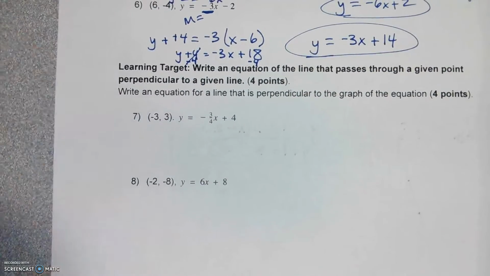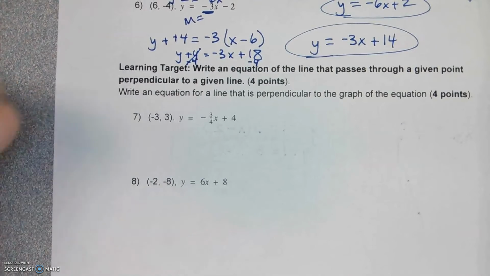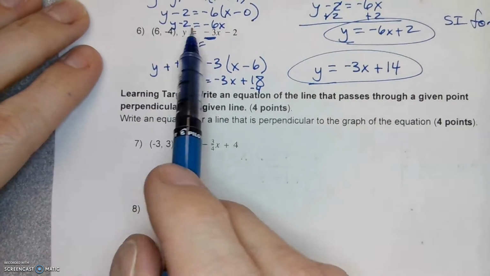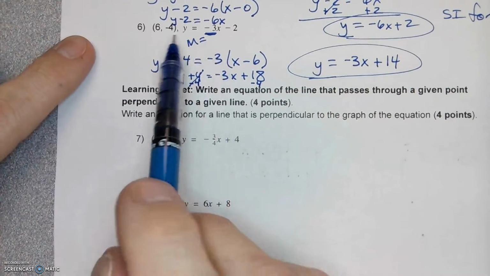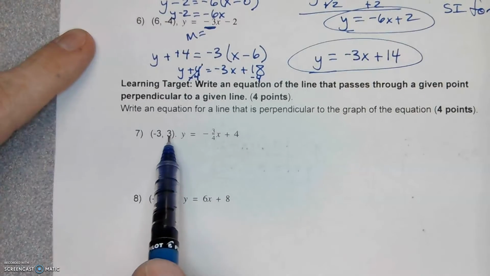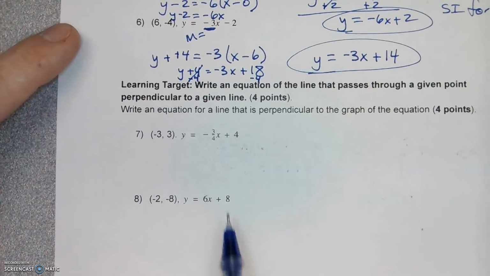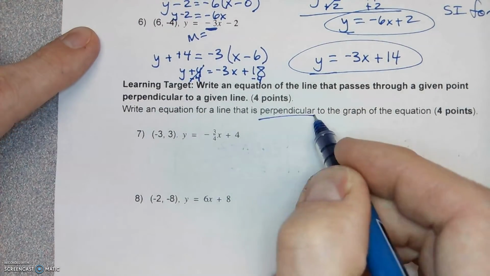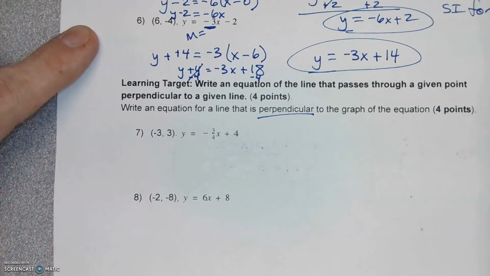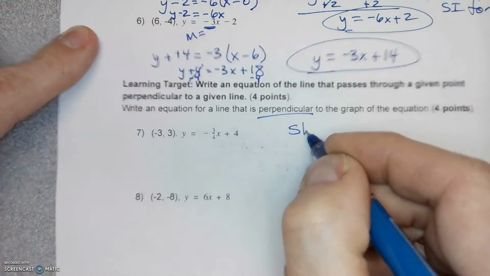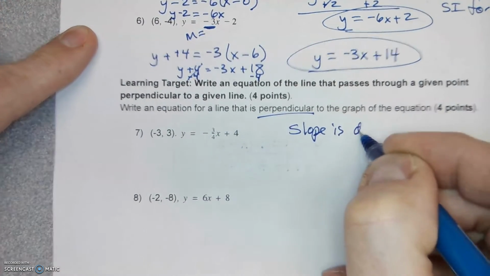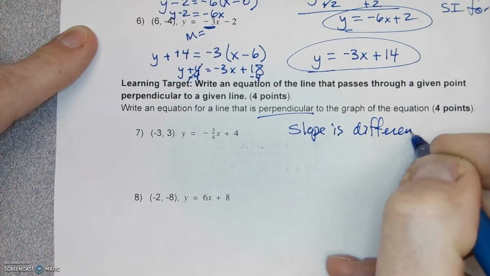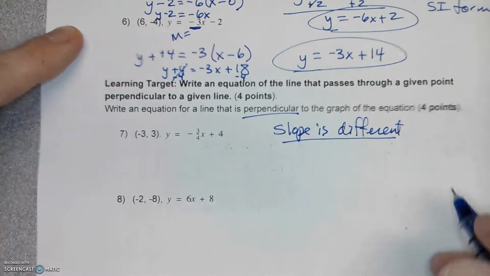Now down here, very similar, but one key difference. Everything does look the same, or you're given the same type of information, which is an xy point and an equation. But when it's perpendicular, the key difference is the slope. Slope is different. So how is it different?